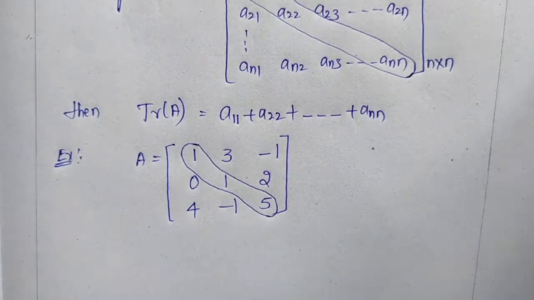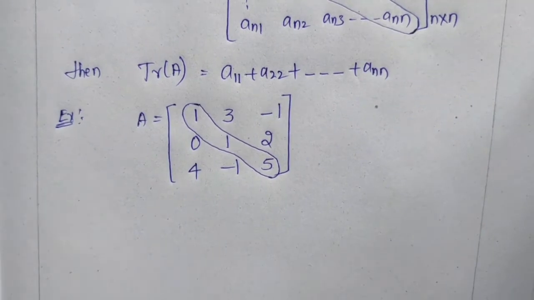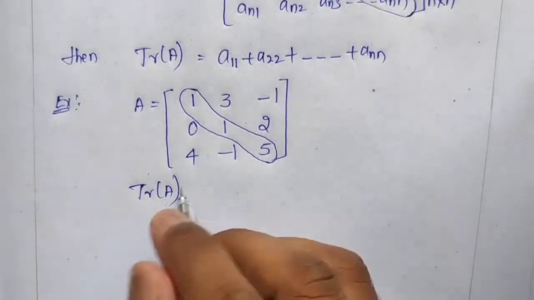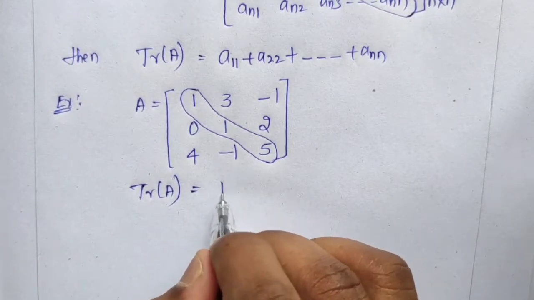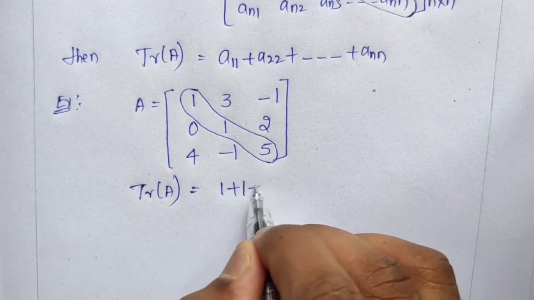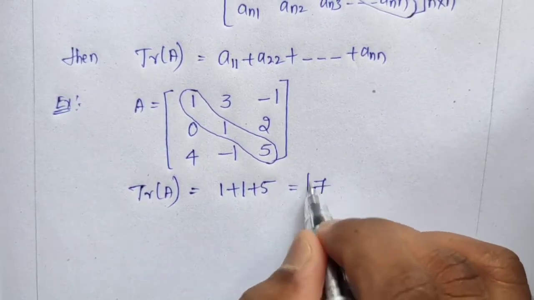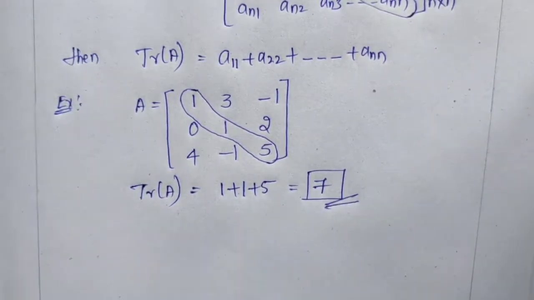The sum of the principal diagonal elements is called the trace of a matrix. Trace of A equals 1 plus 1 plus 5 equals 7. It is the trace of matrix A.